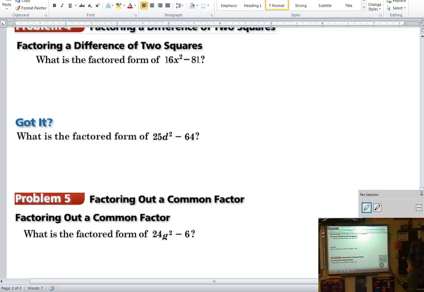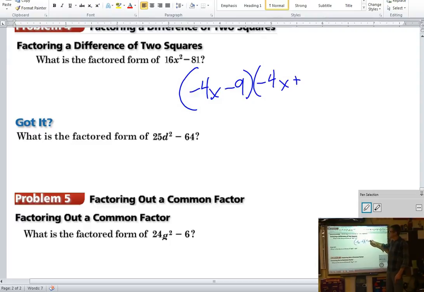Could you reduce the x again? Will this get your 16x squared? Yes. Will these cancel each other out?